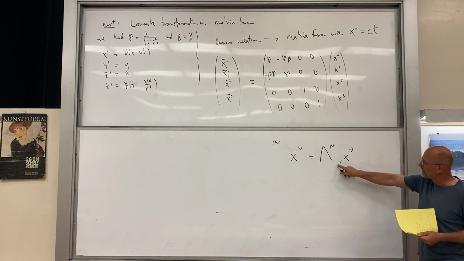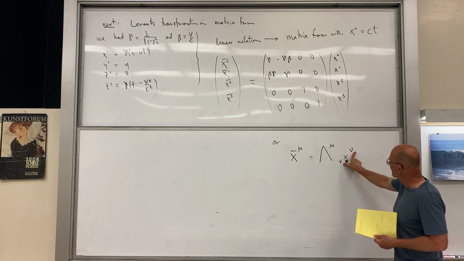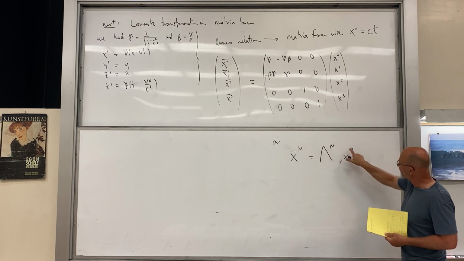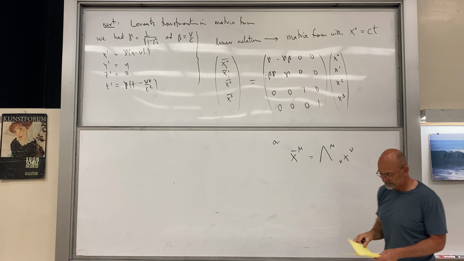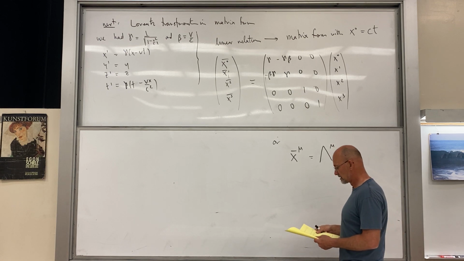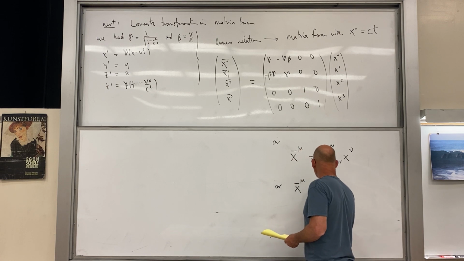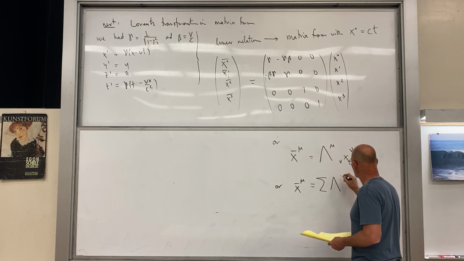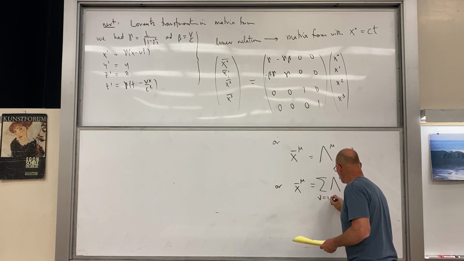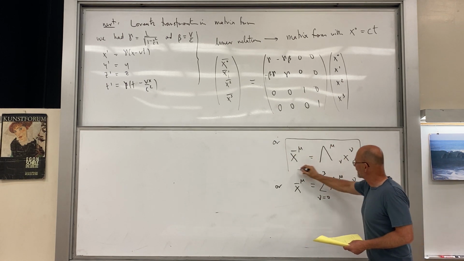So this is the summation convention in which we leave off the sigma and sum over the index that comes up twice here, right? So the component is mu, you sum over nu, and it's tagged by the mu right there. Just to make that explicit, if we were summing, we would have done this, 0 to 3, 0, 1, 2, and 3. But we just leave it in this form.